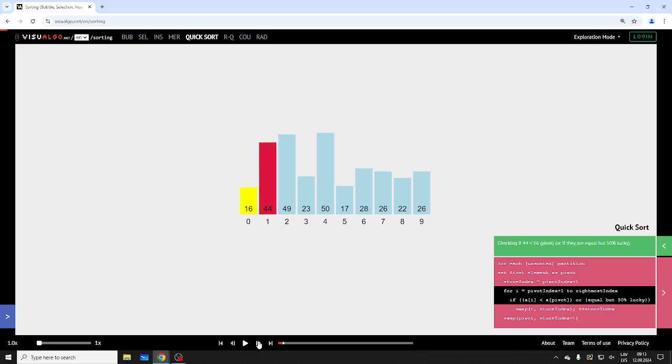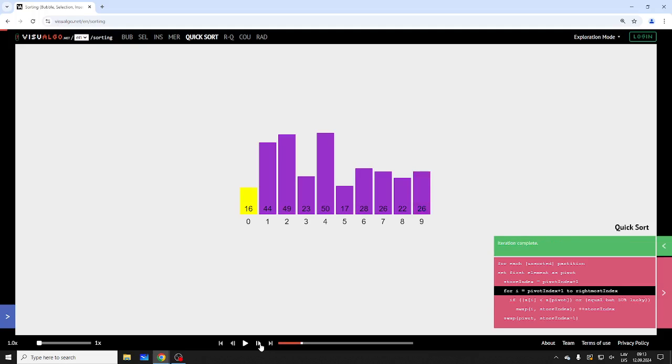So 44 is bigger, 49 bigger, 23 bigger. These purple marks are all bigger. 50 bigger, 17. This actually shows a very interesting moment here. 28, all bigger.